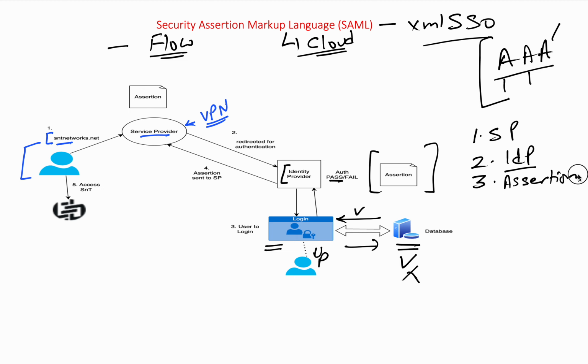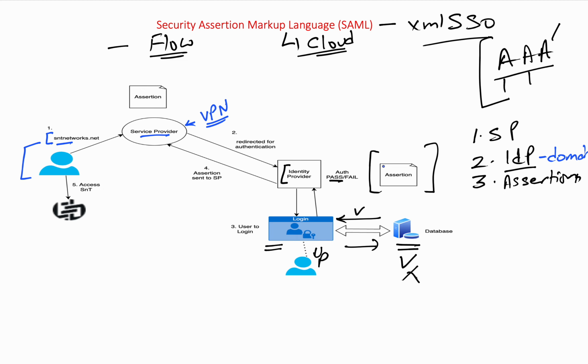Now, what is an assertion? An assertion will be nothing but your user information. Consider IDP is the SAML server, right? IDP is sort of your user database collection, your domain. Your SAML server will have all the domain information, that means all the user information.